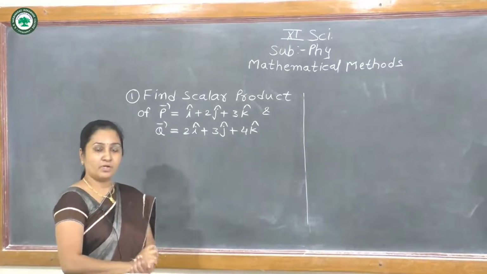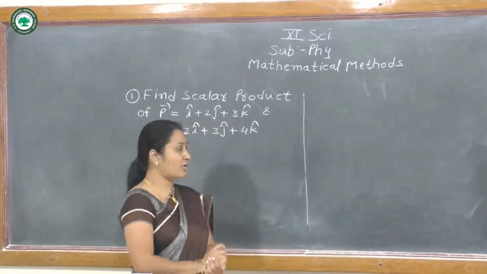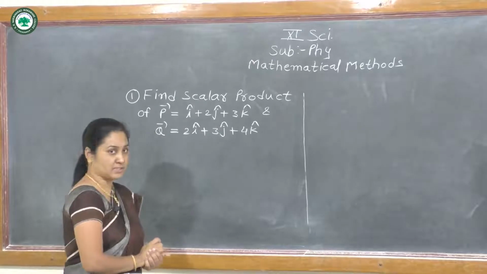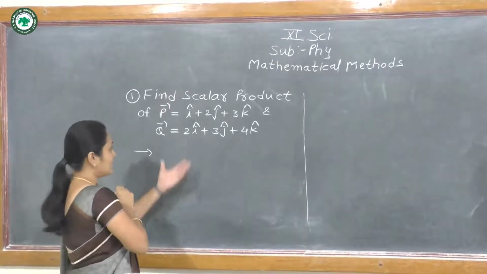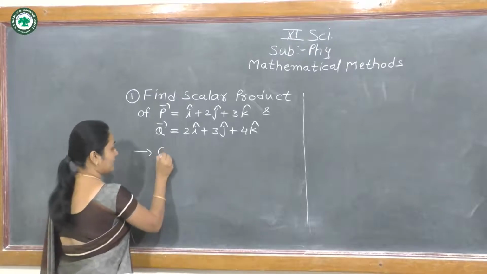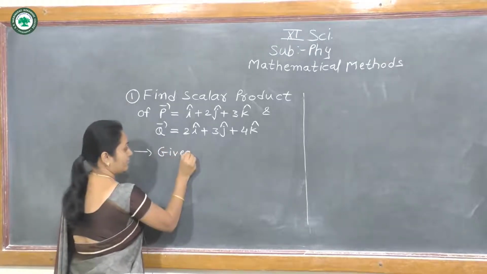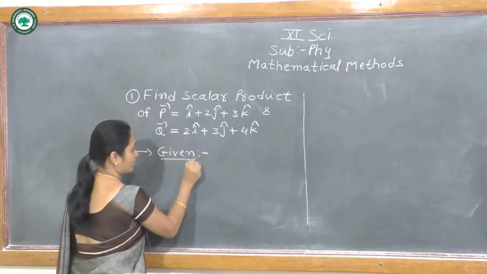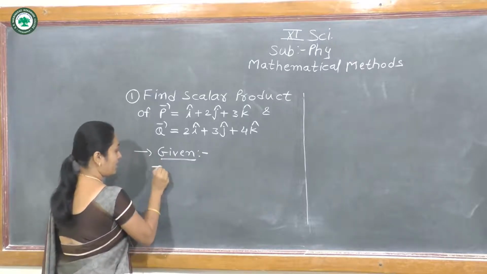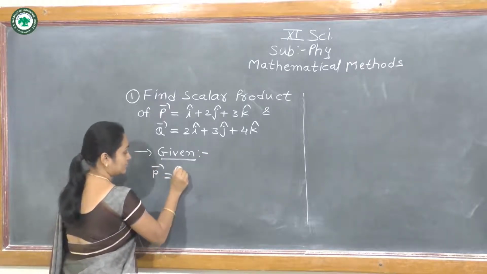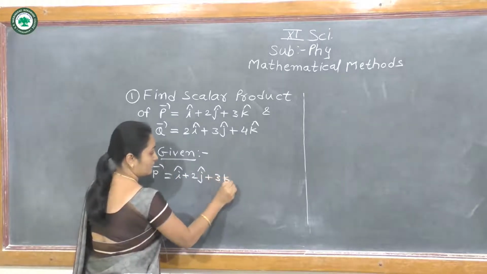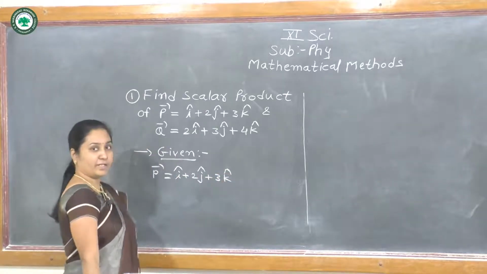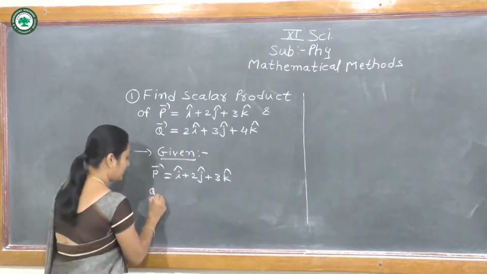So now we have to find the scalar product of these two vectors. So our answer is: first we have to write the given vectors. So P bar, this is the given vector P bar, then Q bar.